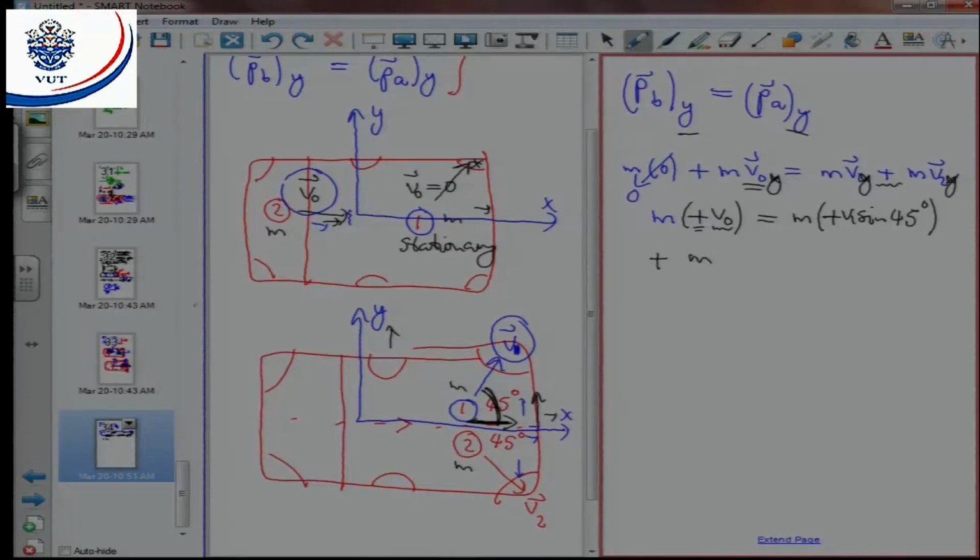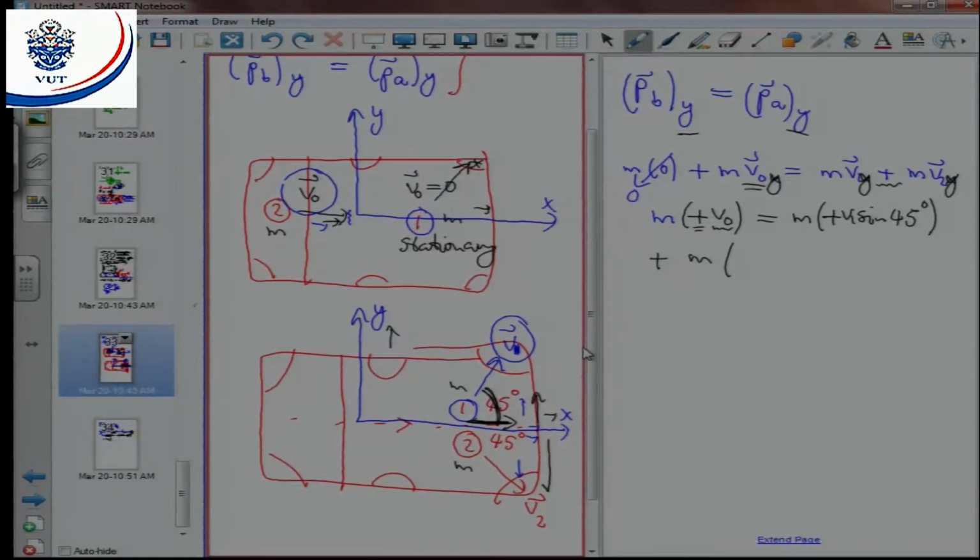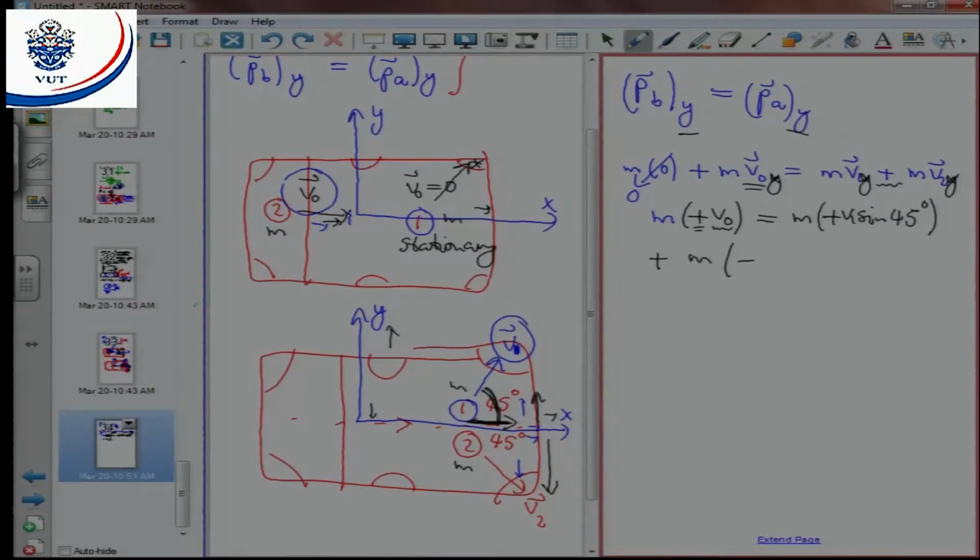Then I've got the mass of the white ball multiplied by, now the y component is pointed down, which is opposite to the positive, so that's negative v2, and it's also sine 45.